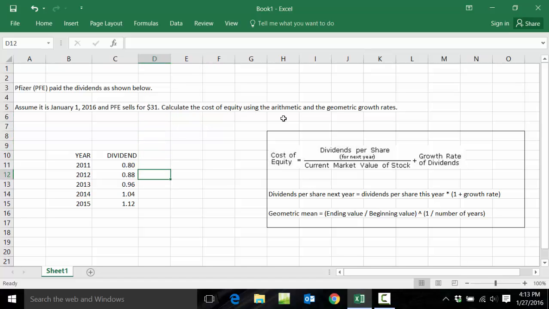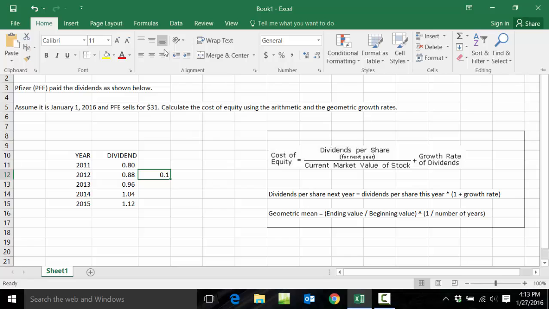So we go down here and figure out the growth rate from 2011 to 2012. We're going to take 88 cents divided by 80 minus 1, and that's your growth rate for the first year. Let's get a couple of decimals in there, and then just copy that down for the next couple of years.